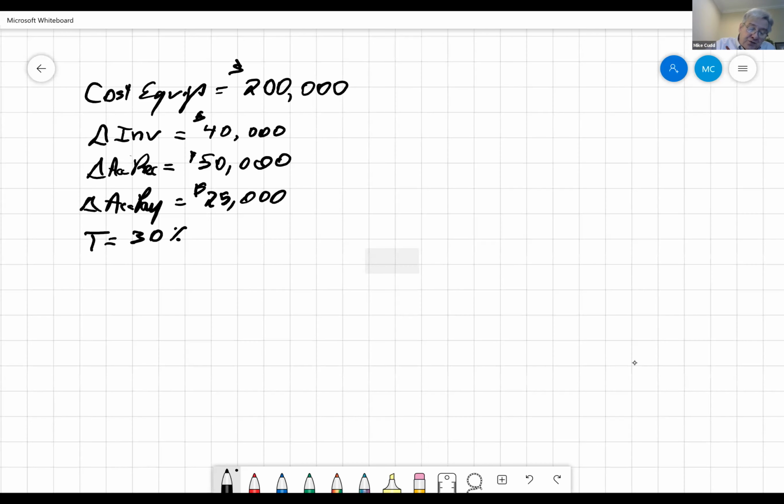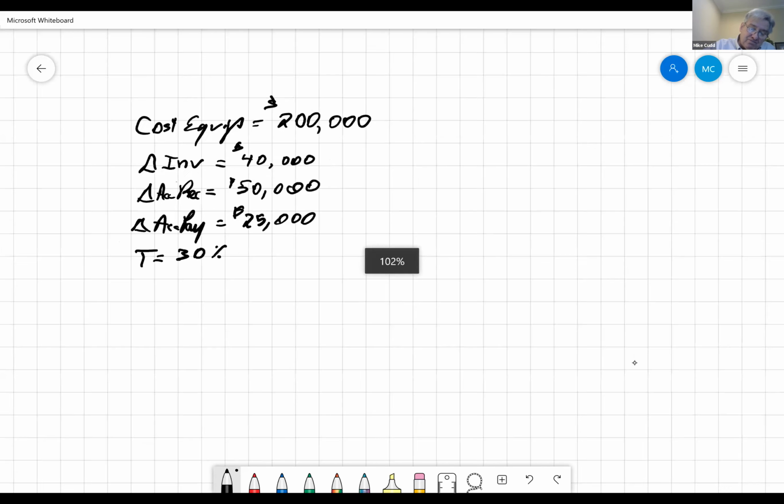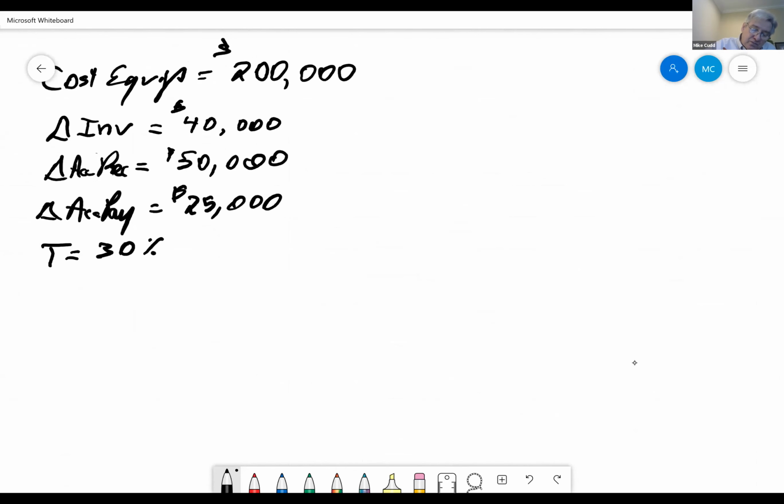And what we're asked for is the initial investment outlay. In other words, what's the cash flow at time zero for this project?